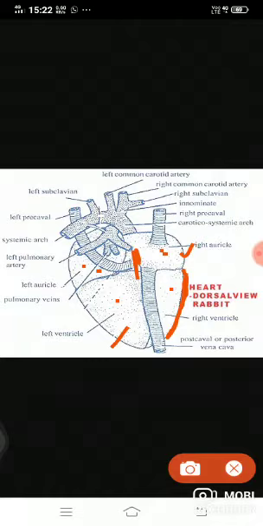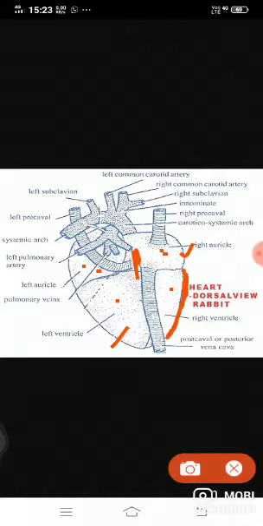Similarly, the right and left ventricles are separated by the interventricular septum. That is the auricular septum, this is the ventricular septum. You know the difference.